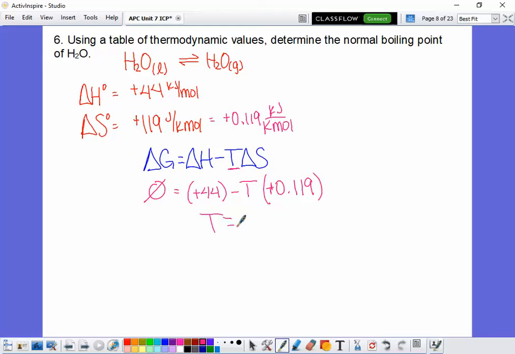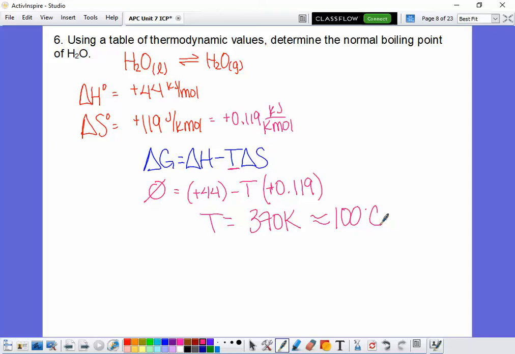What'd you get? 370? So this is right around 100 degrees Celsius, right? I mean, it's a little bit off because we're using these table values, and I don't know how accurate they are. But yeah, it's right around 370.